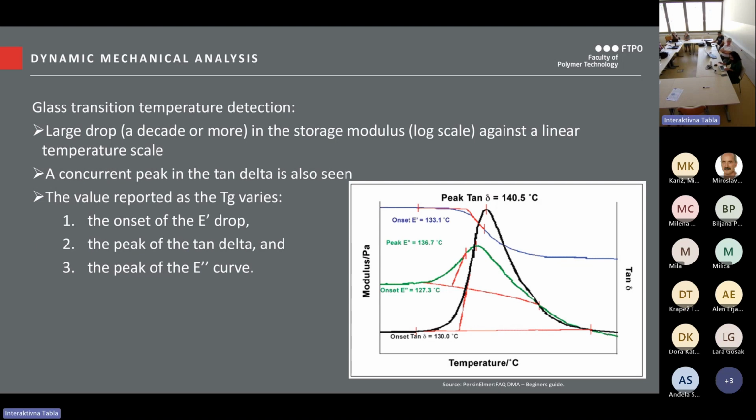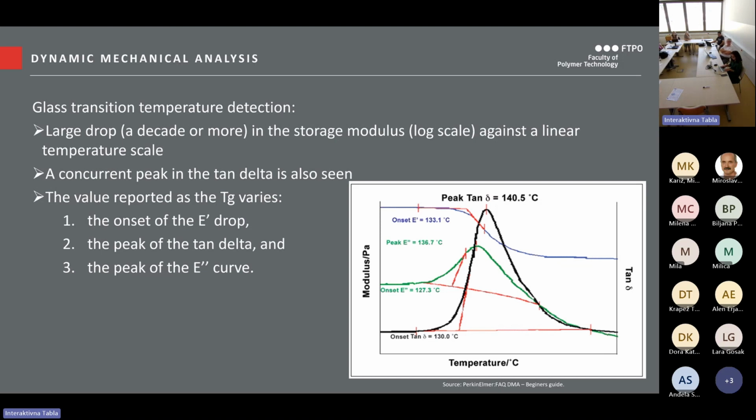About glass transition temperature detection, here we have some moduli curves against the temperature. The blue curve represents storage modulus. The green curve is loss modulus, and the black curve is the tangent delta curve, which is loss modulus over storage modulus mathematically.